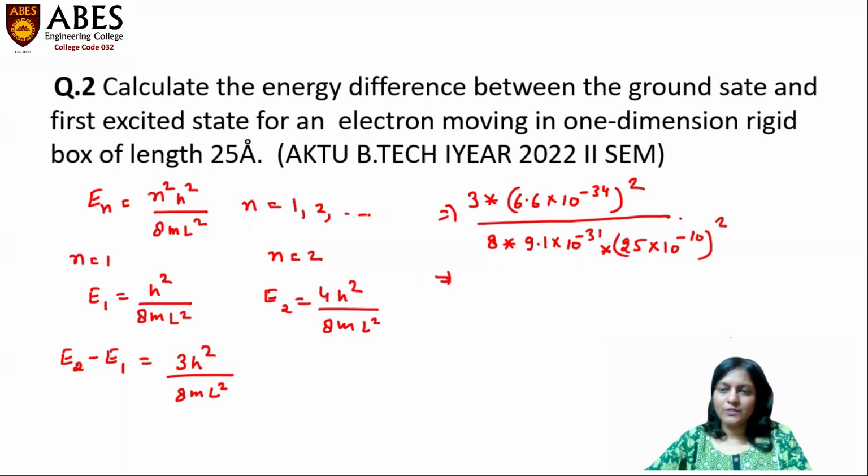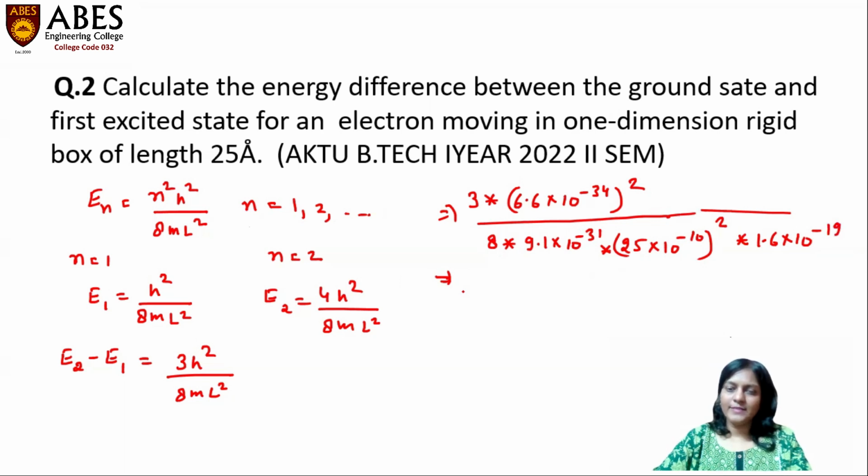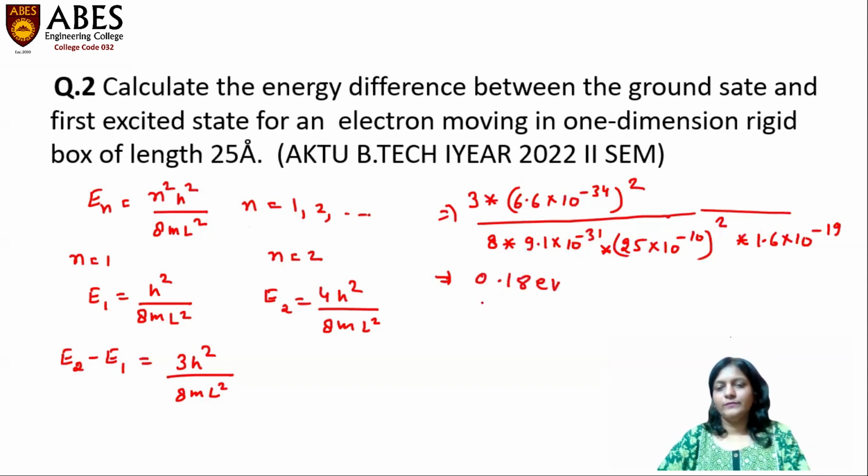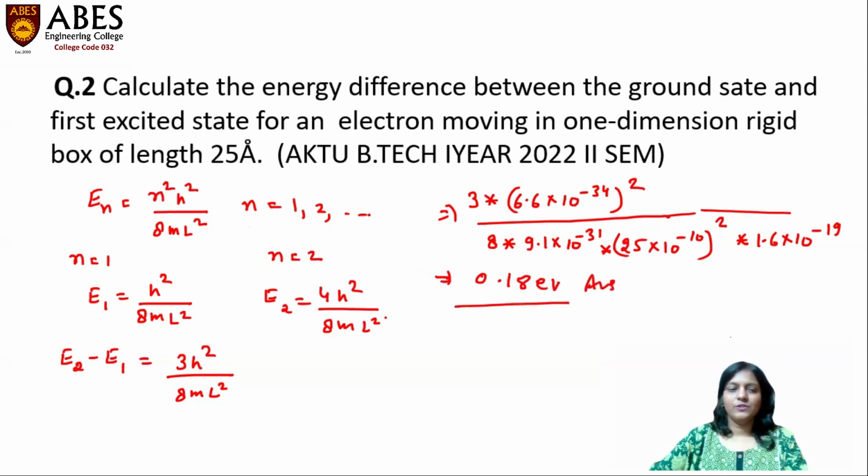First of all, we solve in terms of joule and then divide by 1.6 into 10 to the power minus 19, which gives the answer of around 0.18 electron volt. This is the difference between the two energy values.